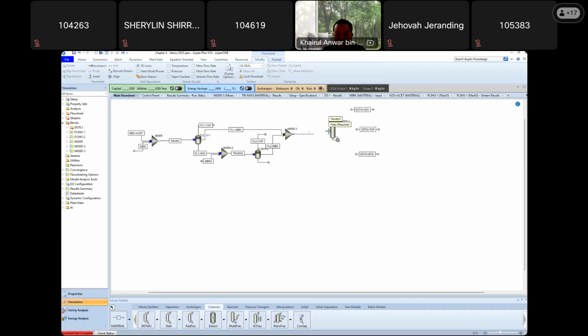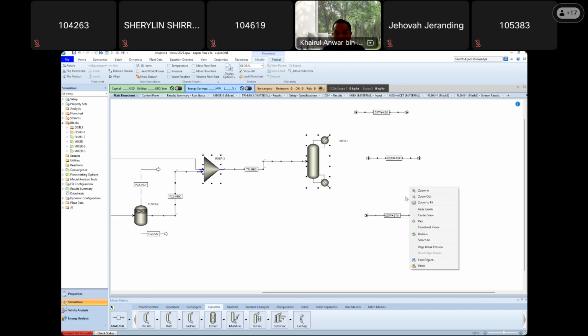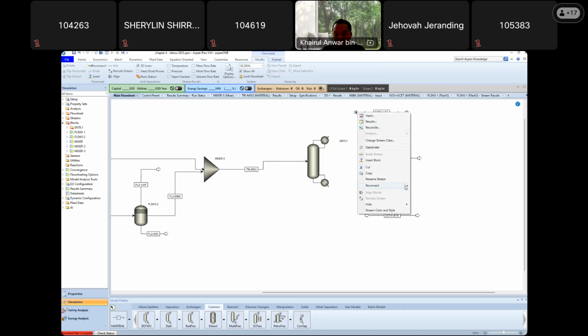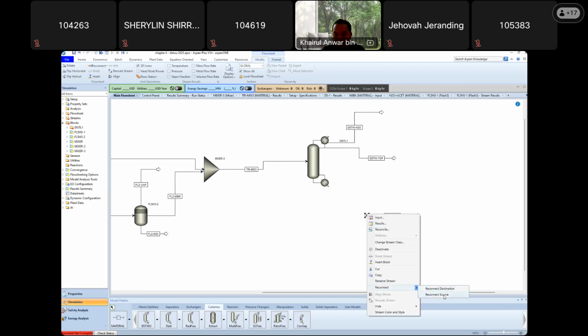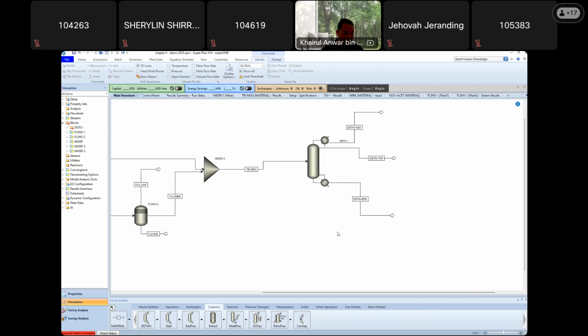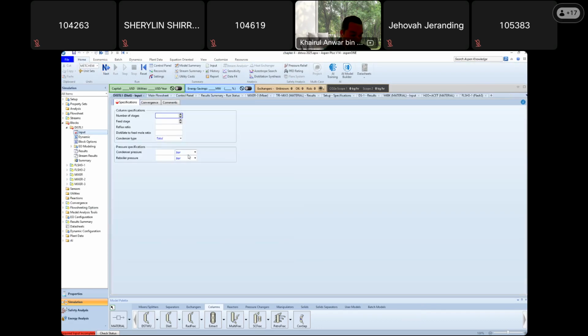So we connect. This one is reconnect source. Since we are using a new distillation column, if you click next, it will ask you to enter the spec now.